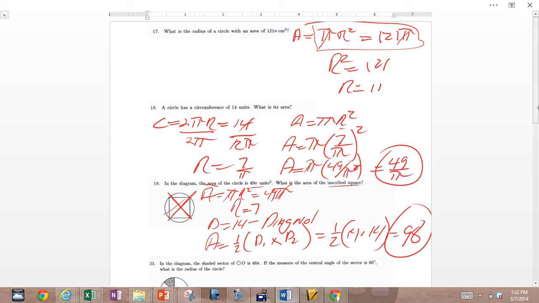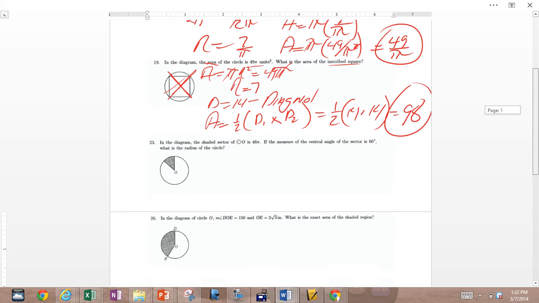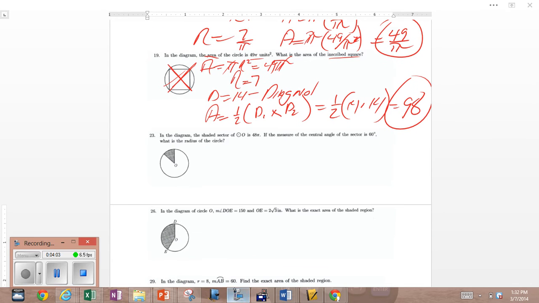Okay, let's go a couple more before I end this video. In the diagram, the shaded sector is 48 pi. Now what is it that determines a sector?